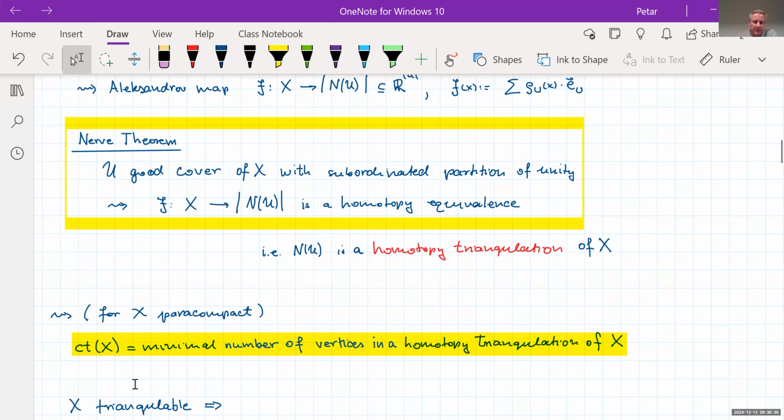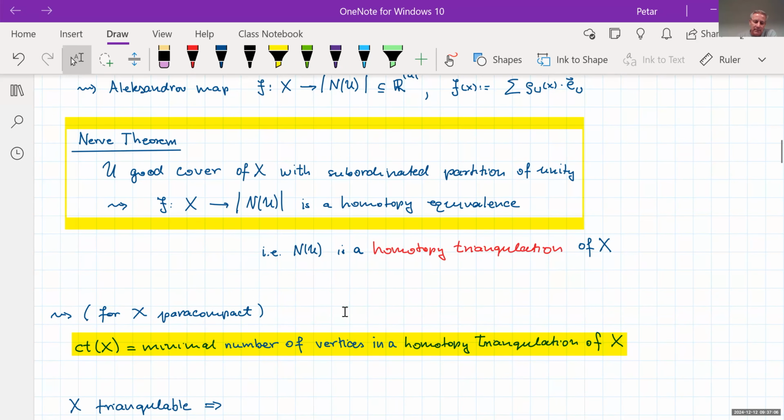This in particular means that if you have a paracompact space, so you have partitions of unity subordinated to your nice covers, then the covering type of X can be interpreted as the minimum number of vertices in a homotopy triangulation of X. That's a minimum up to homotopy.